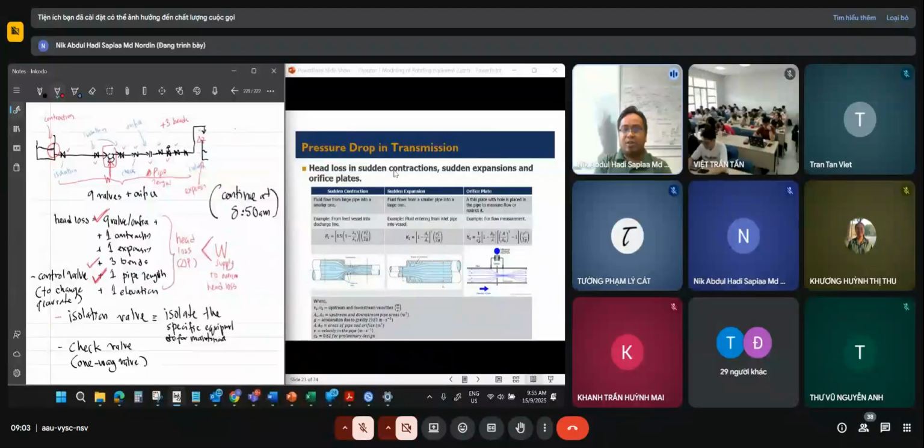So now let's focus on the contraction and expansion. For contraction, we have another equation that represents here. Expansion also here. And we also have in terms of this orifice plates.